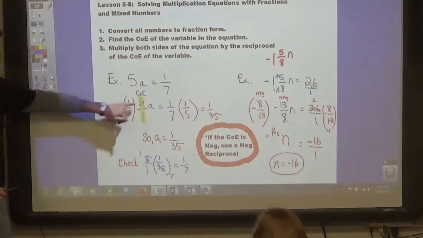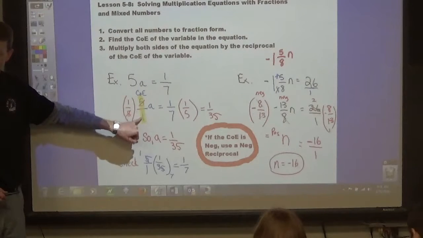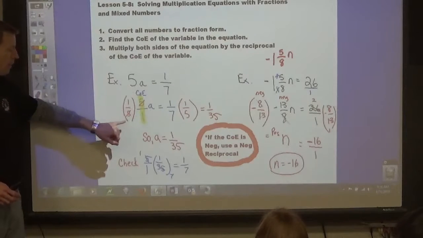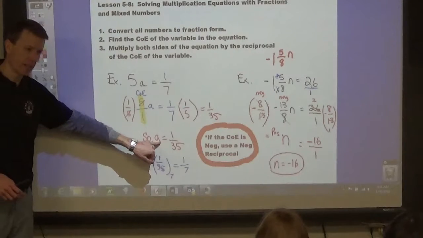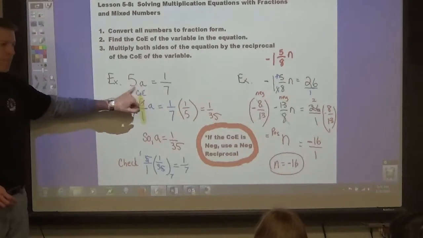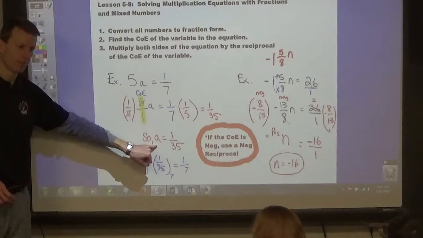Okay? And we've got to get rid of that 5 over 1. We have to convert it so that it just says 1a. We have to solve it for 1a. We have 5a, we got to convert it and solve it for 1a.